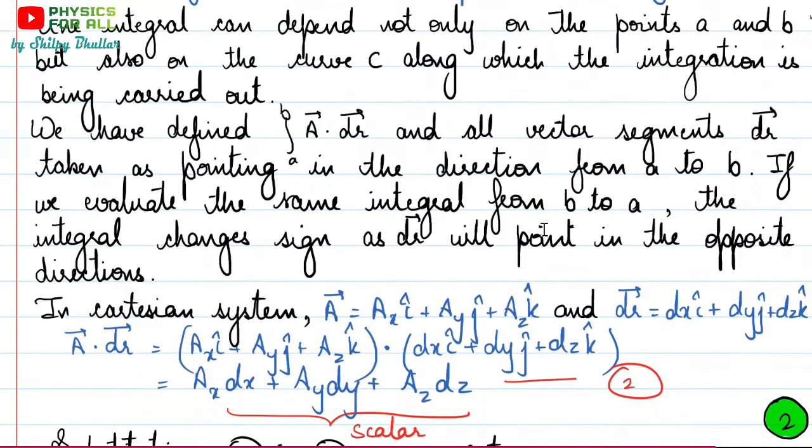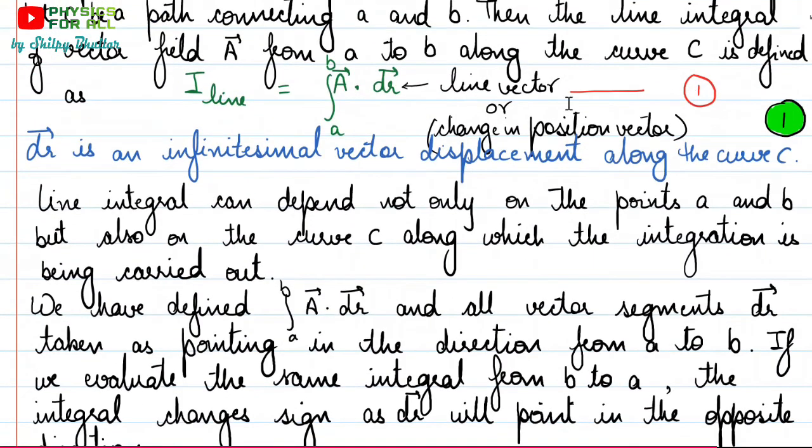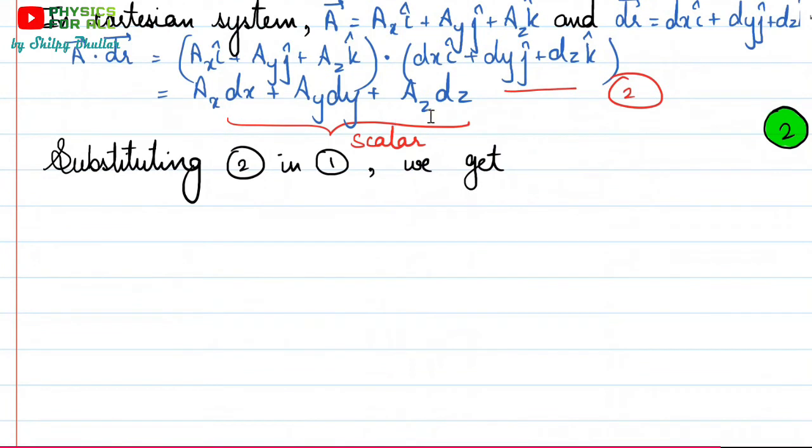Now if we substitute this in our equation 1, see this was our equation 1, the integral of A dot dr. Now we know what the value of A dot dr is. It is simply a scalar. We have obtained a scalar quantity. But definitely it includes some component of x, some component of y and some component of z. So if that's the case, then we can write this line integral from a to b, and now we can simply substitute for A dot dr, which is Ax dx plus Ay dy plus Az dz.